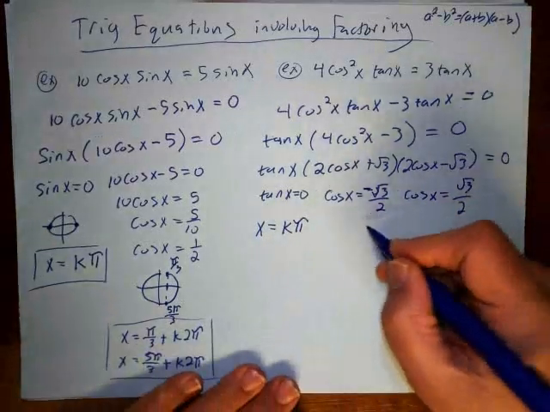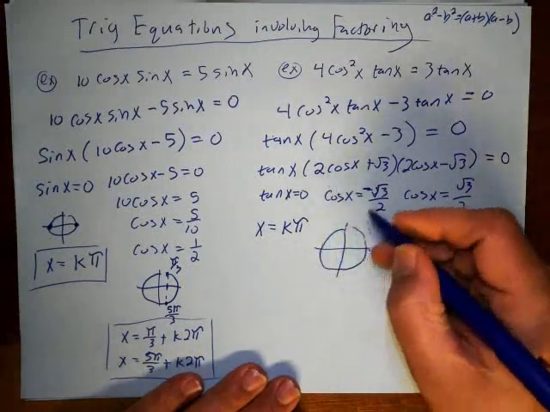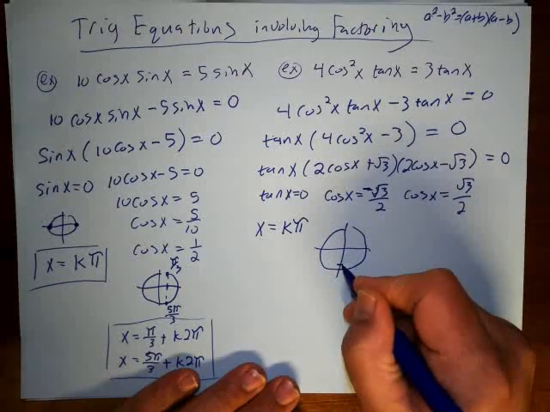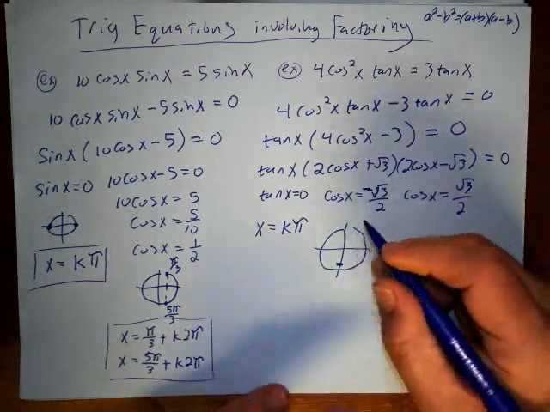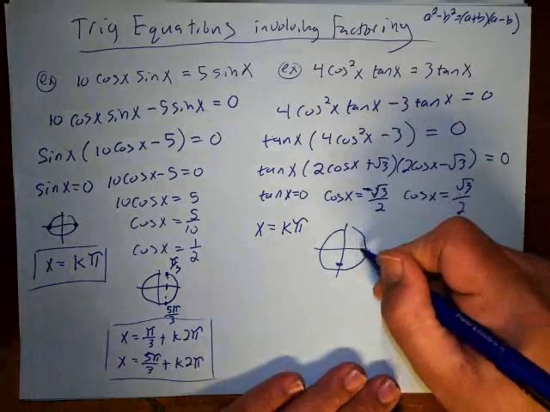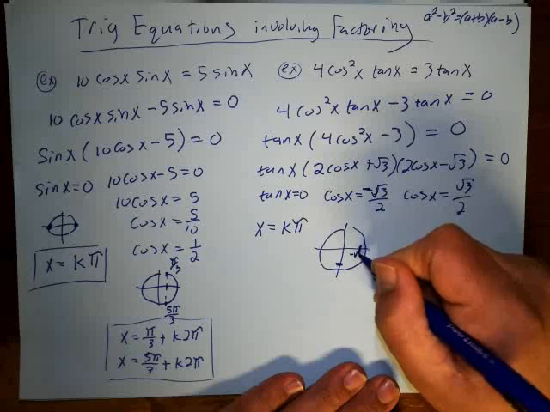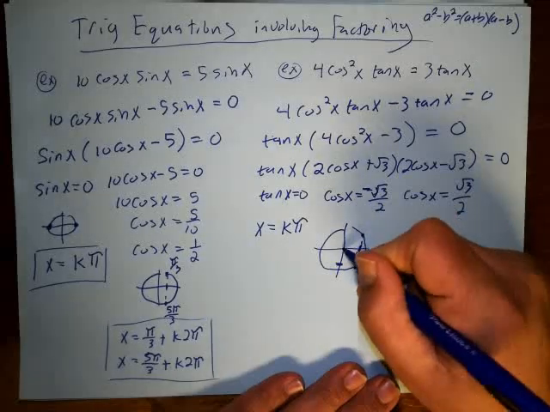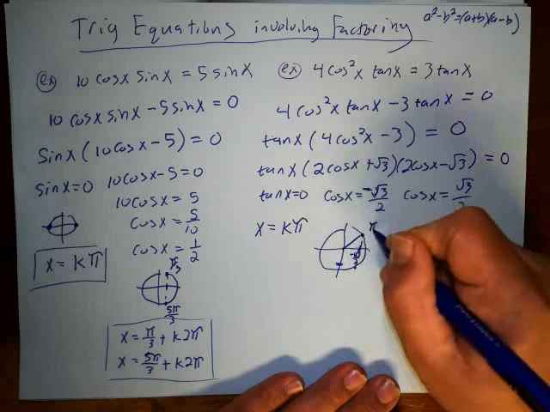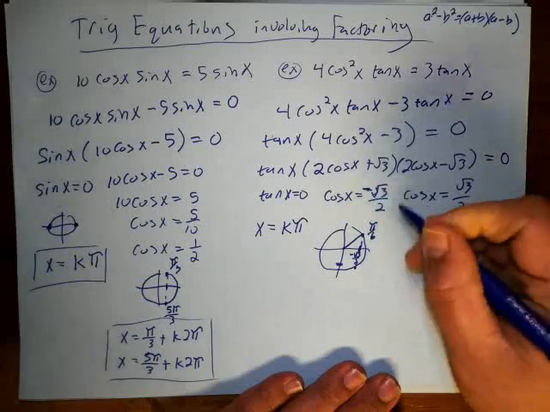Okay, now this one here, negative square root of 3 over 2 would be, oops, not on the y-axis. I do that a lot. It would be on the x-axis here, like this. This would be like negative square root of 3 over 2. And you'd get one up here and one down here. And that's like the pi over 6.